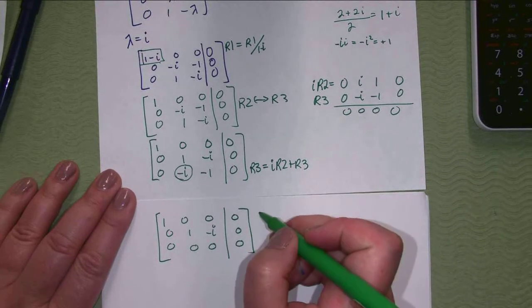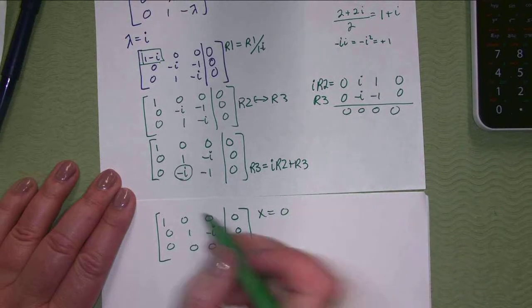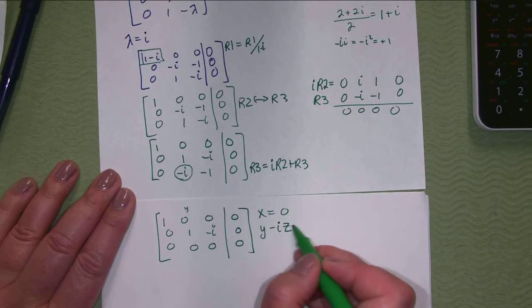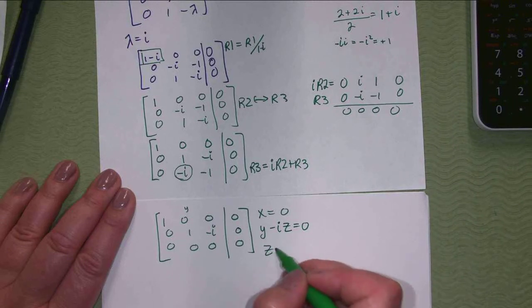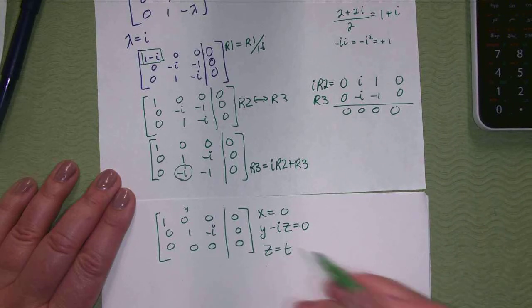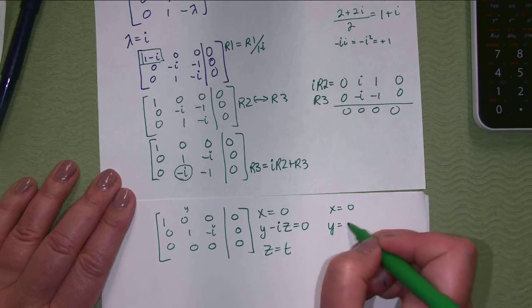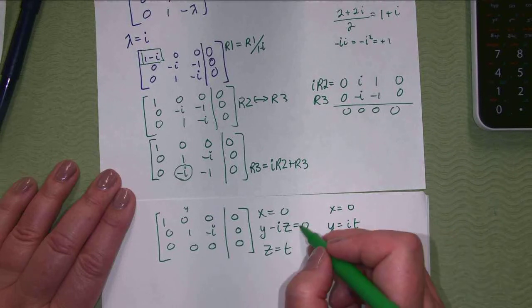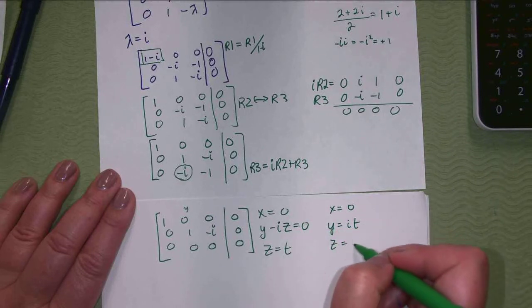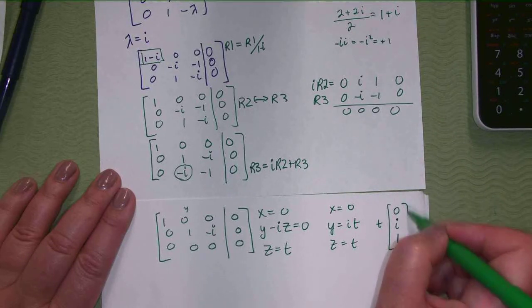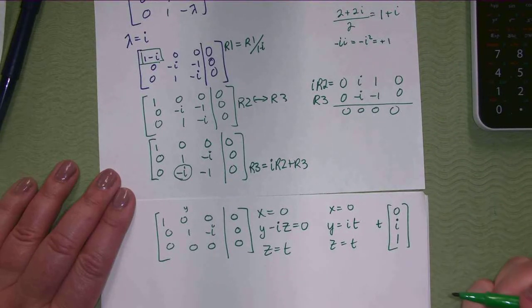So we get x equals 0. We get y minus iz equals 0. And so z would be free. So x equals 0, y equals i times t. When you move it over, it becomes positive, and z equals t. Do you see it?